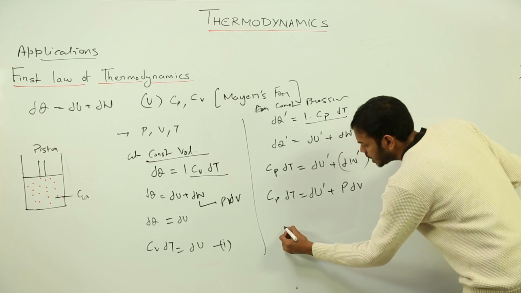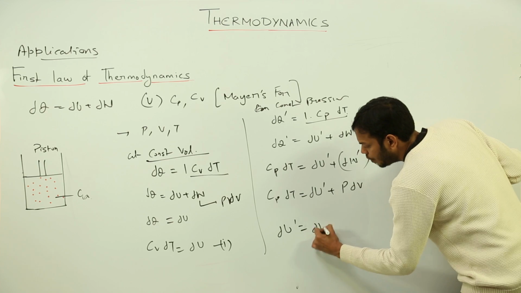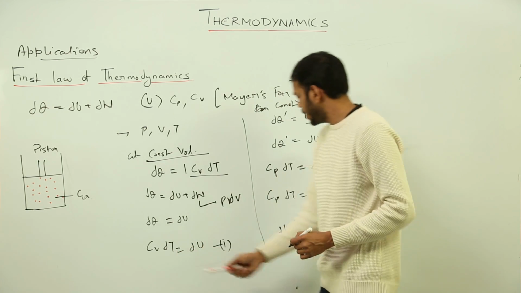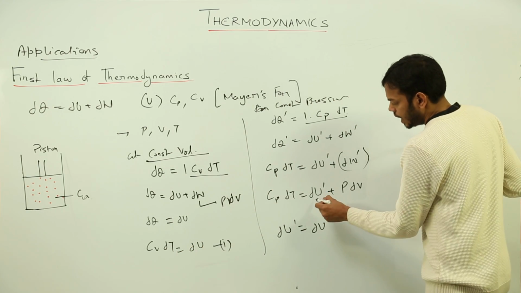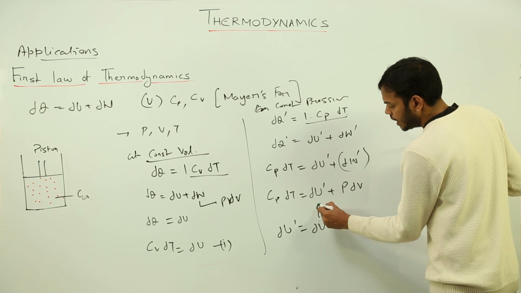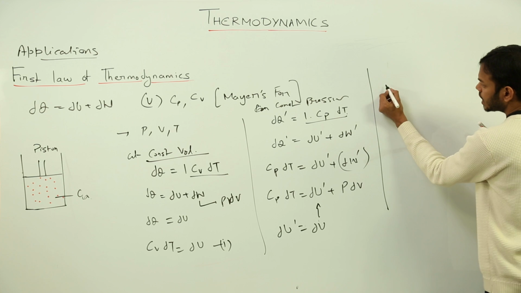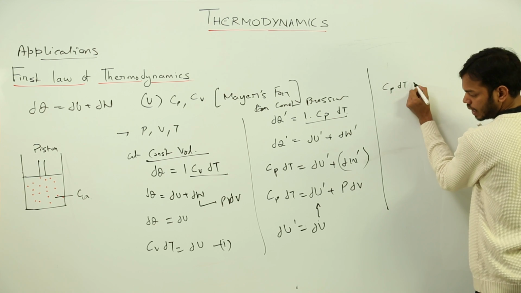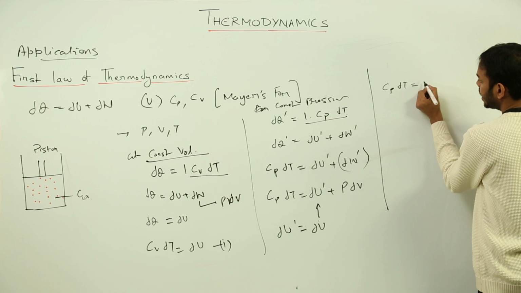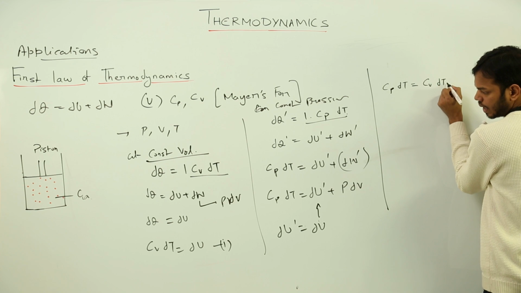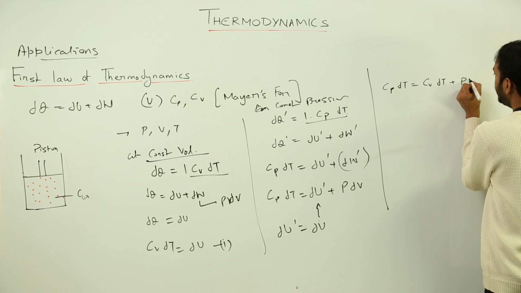So du dash would be equal to du, which is Cv dT. Instead of du dash I write du, and instead of du I use Cv dT. So what I am getting is Cp dT is equal to Cv dT plus PdV.